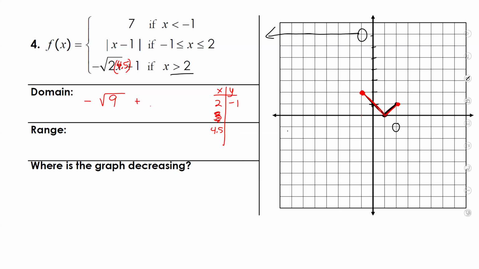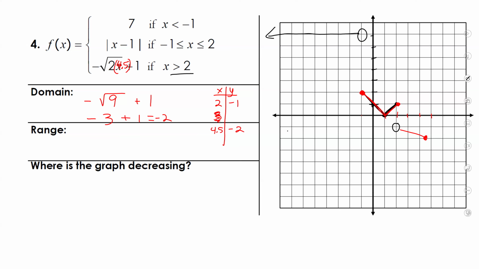Everything else will come down. And what's the square root of 9? Perfect. So we get -3 plus 1, which is -2. So when we plugged in 4.5, we got -2. Here is 1, 2, 3, 4. 4.5 is between 4 and 5. -2, we're right here. So it looks like our graph is going this way.